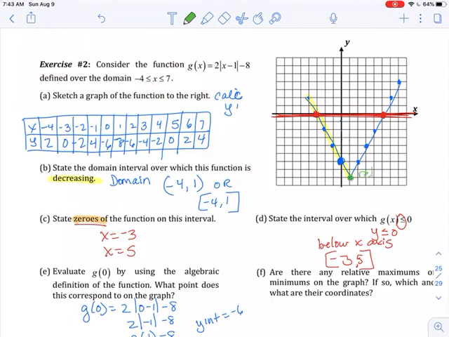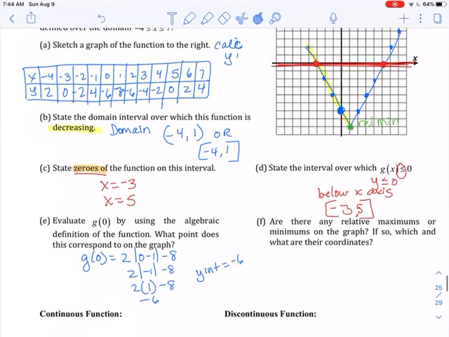This point right here is a relative min. It goes from decreasing to increasing. So my relative min is at 1, -8. It's where the graph goes from decreasing to increasing.